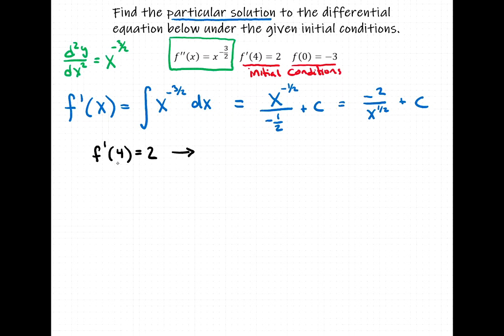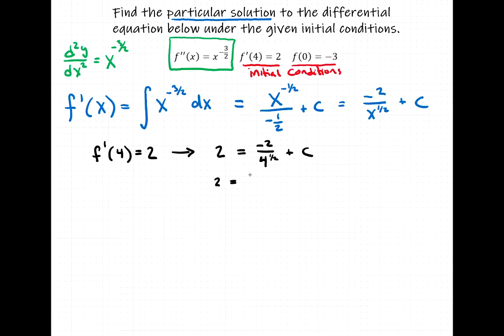But now we're going to use the initial condition that f prime of 4 is equal to 2. So if we plug in a 4 for x and a 2 for f prime of x, that tells us that 2 should be equal to -2 over 4 to the 1/2 power plus c. And this is going to allow us to solve for the particular value of the constant of integration.